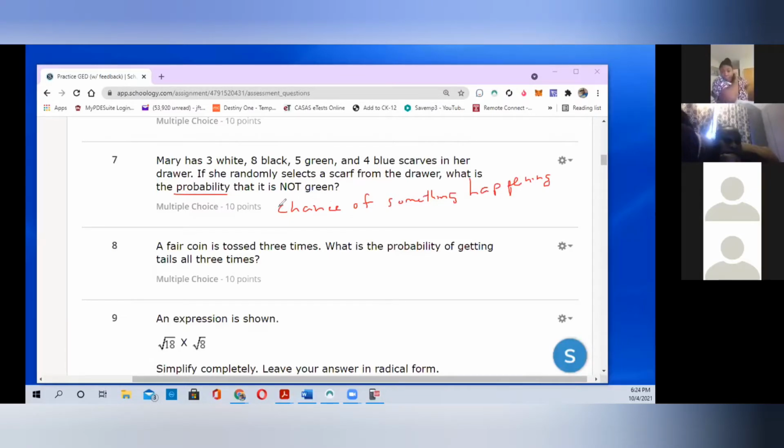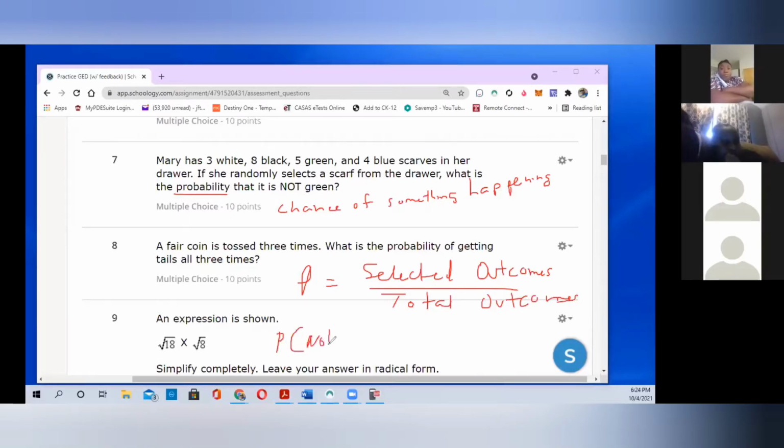Now, the formula for probability is very easy. Probability is equal to the selected outcomes, and what selected means is what you're looking for, over the total outcomes. So what we want to know is the probability of not green.